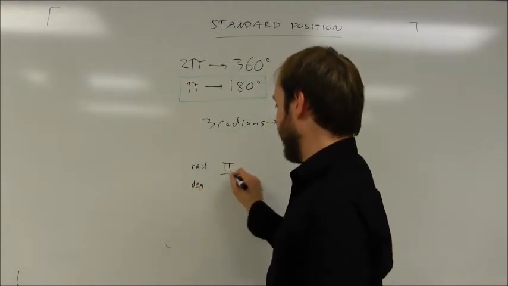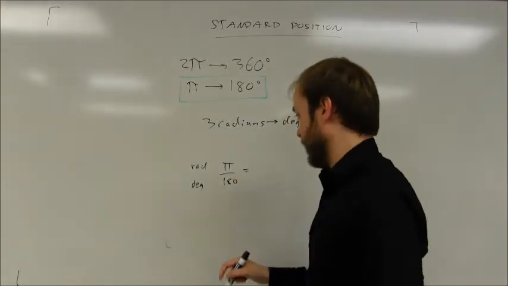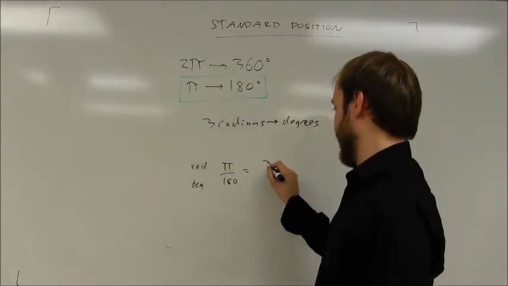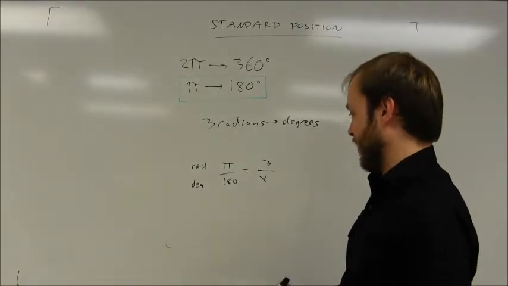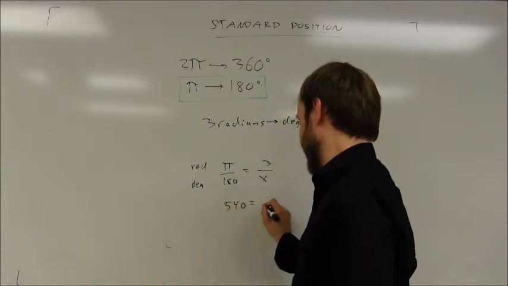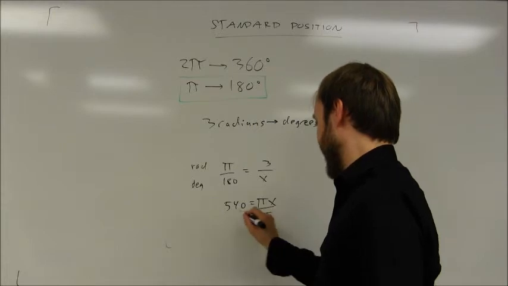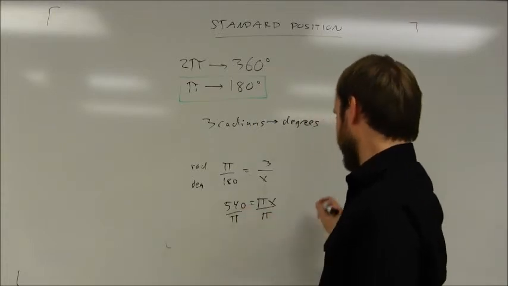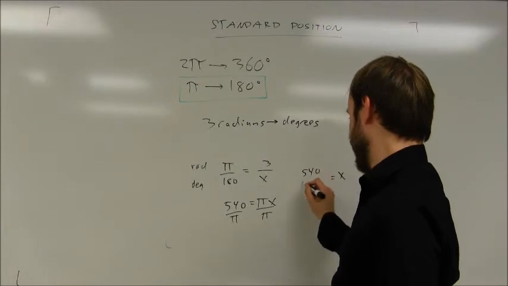I know that every pi radians is equal to 180 degrees, and I can set that equal to my radians. I have 3 radians, and I want to find the number of degrees. I could call that x, and I could cross multiply. And here I get 3 times 180 is 540. That's equal to pi times x. I can divide both sides by pi, and I end up finding out that x is equal to 540 divided by pi.